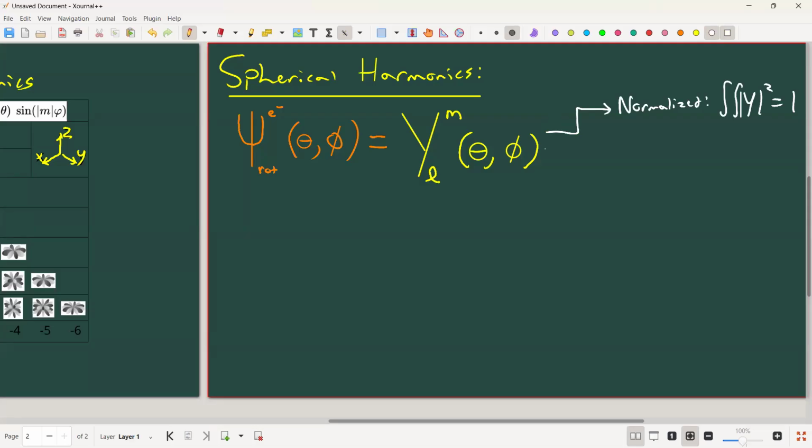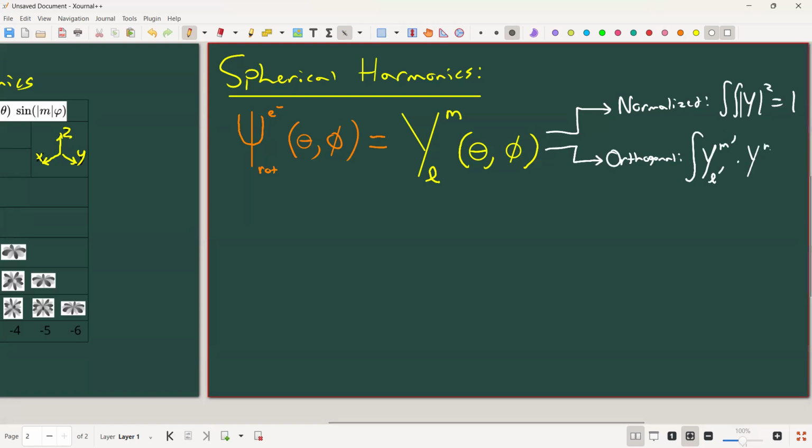They're orthogonal, which says that the integral of Y with one l and m times Y with a different l or m, d theta d phi, is equal to 1 if the l's are the same and the m's are the same, and 0 otherwise.